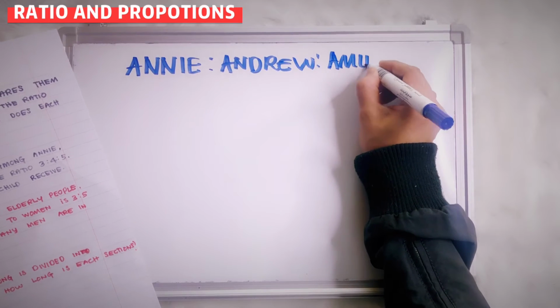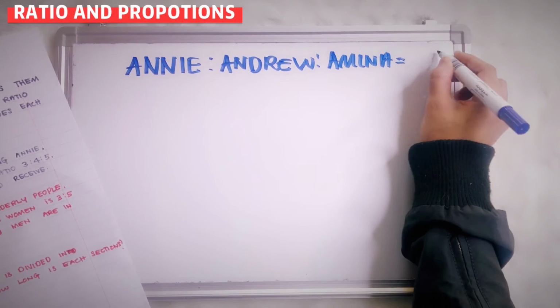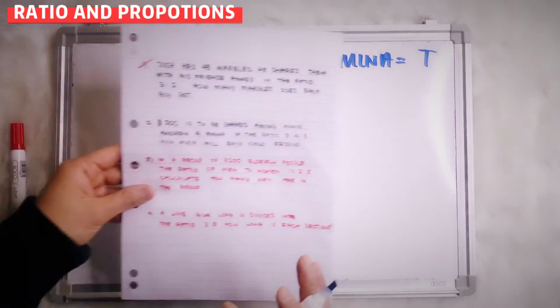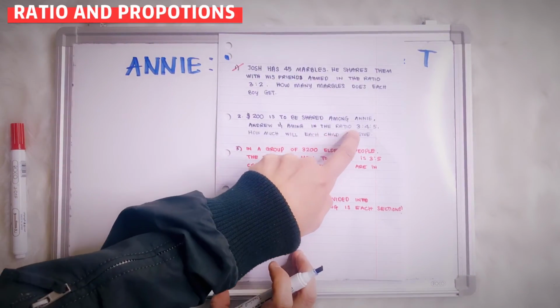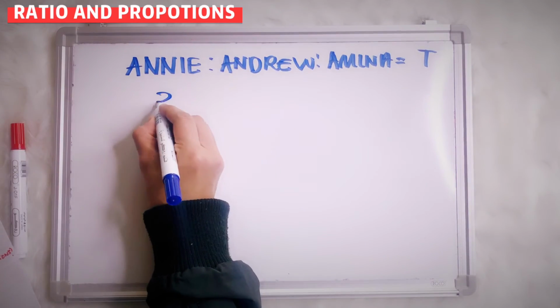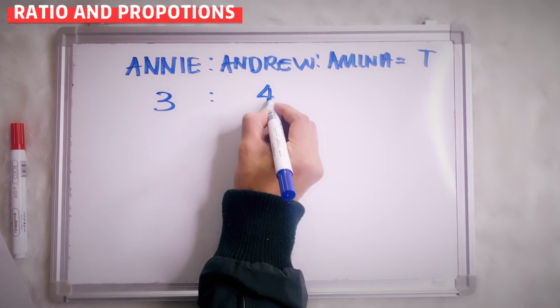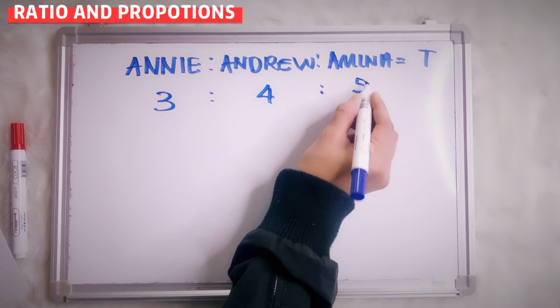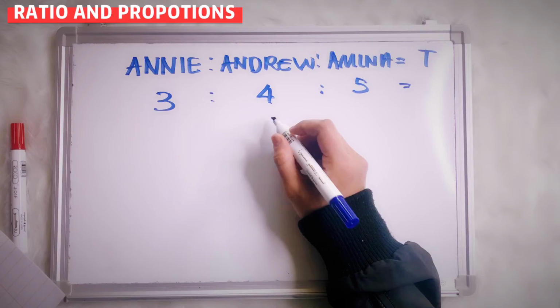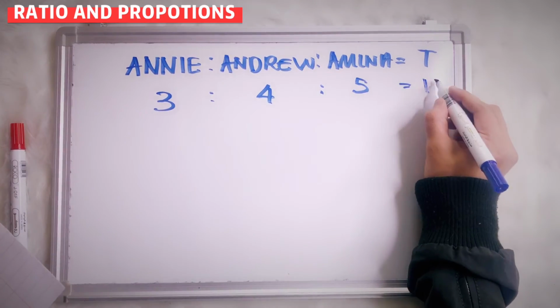I put T for total, in the ratio 3, 4, and 5. So you put here 3, 4, and 5. So the total will be 5 plus 4 is 9, 9 plus 3 is 12.